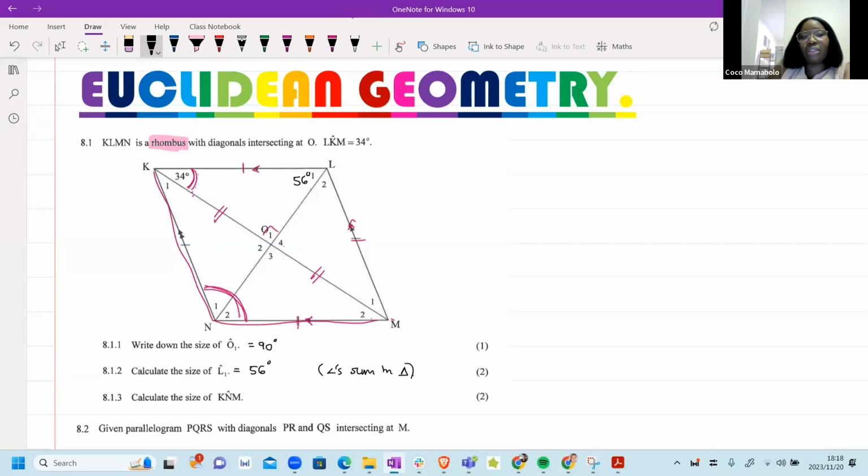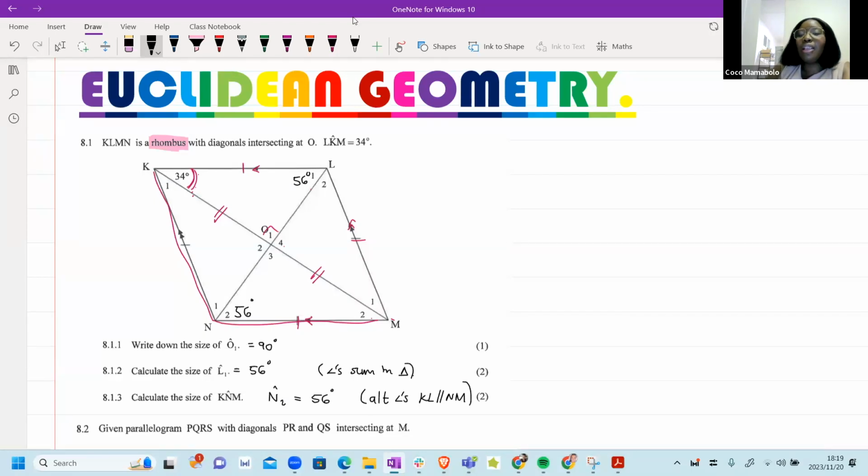One of these angles, okay, and then I can also say that N2 is equal to 56 degrees. Correct, Pascal? That's it. I can say N2 is equal to 56 degrees because of alternate angles. Good. Alt angles. And I also need to name my parallel lines. I have to say that KL is parallel to NM.